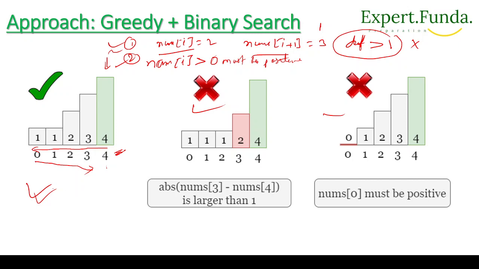This way we can ensure that the total sum of the array is minimized without violating the rule, because if we decrease, we decrease by 1, and if we increase, we increase by 1. So we need to calculate the sum of the array, which is a purely mathematical problem. So let's take the numbers to the left of nums at index.